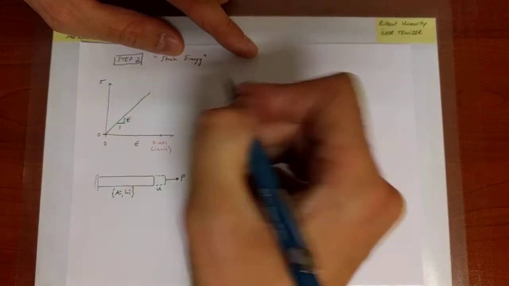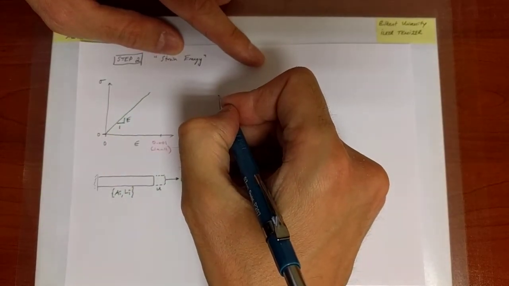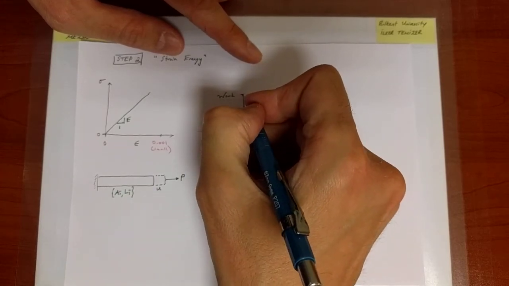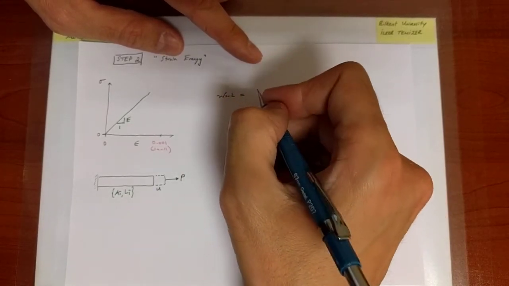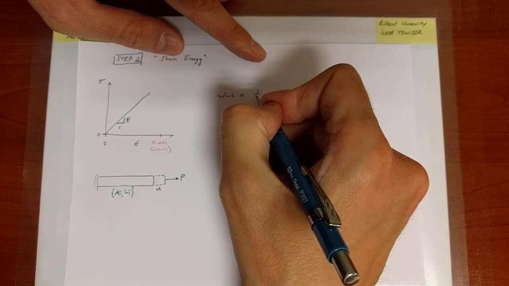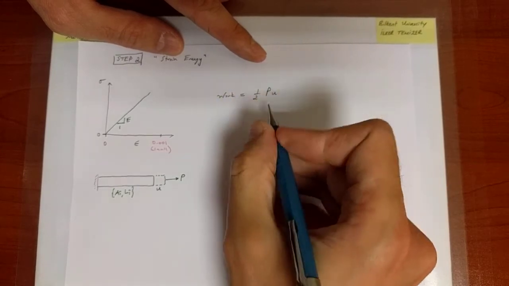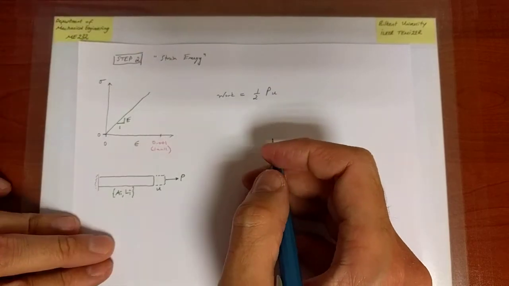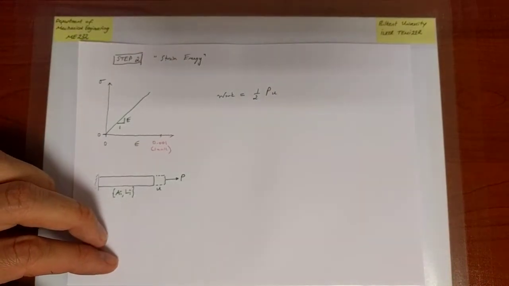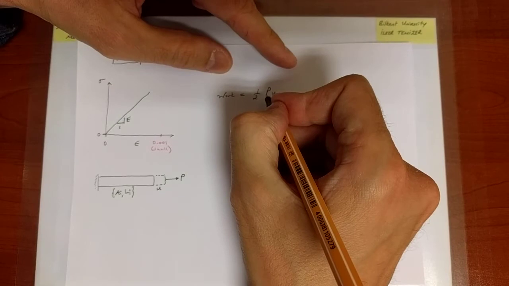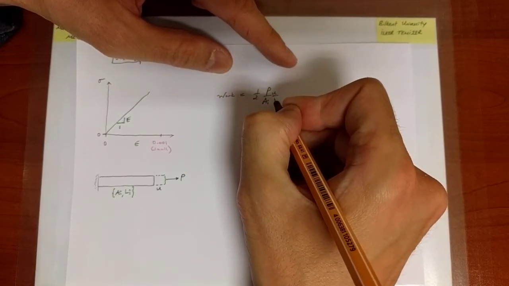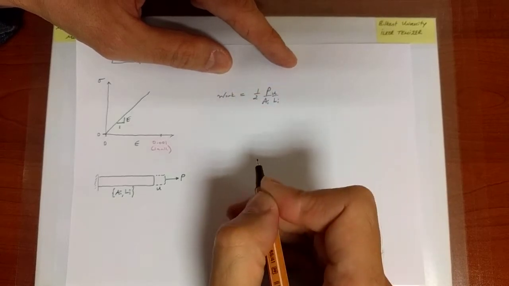Okay, so we would like to express the amount of work done. The work done is the work done in joules, if you like. It's 1/2 the area under the curve of the force displacement curve. And because the force is linear in the displacement, the area has a factor of 1/2 in it. So what I'm going to do is scale the force by the initial area and the displacement by the initial length.